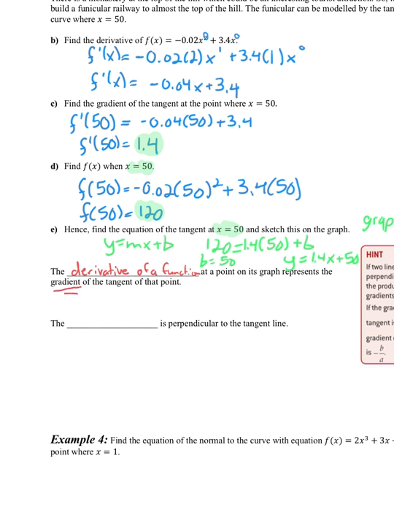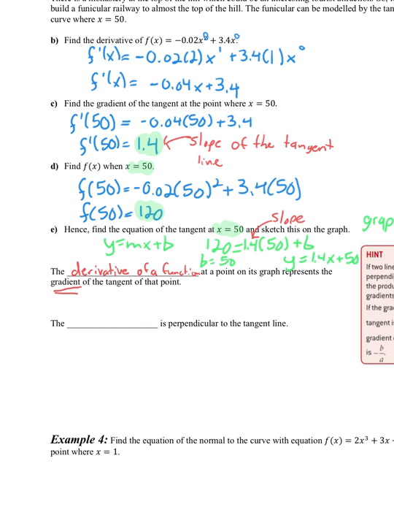So the derivative represents the slope of the tangent, and that's what we just found right here. So the derivative at a point represents the slope of the tangent.